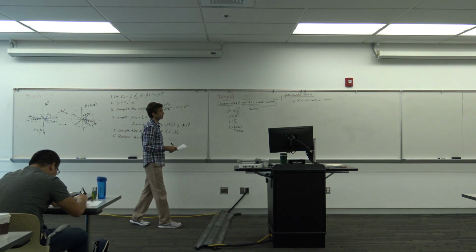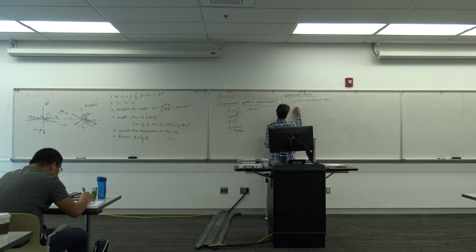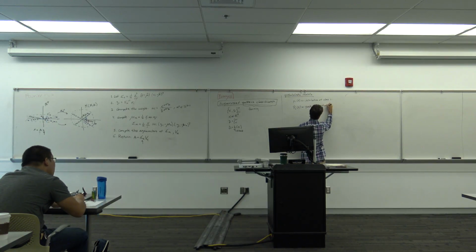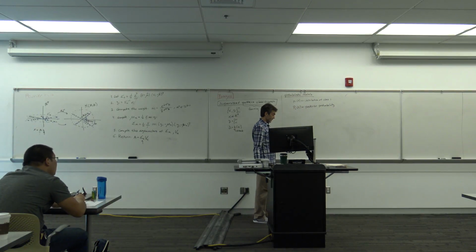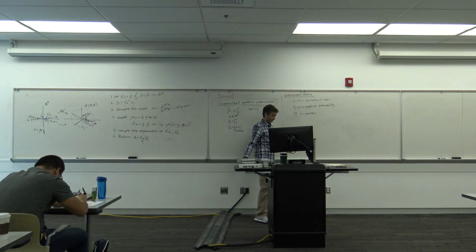Okay? Now, this is a small pi. Now, capital Pi of x, this is the posterior probability. And one more. Capital Pi, these are my priors. Okay?